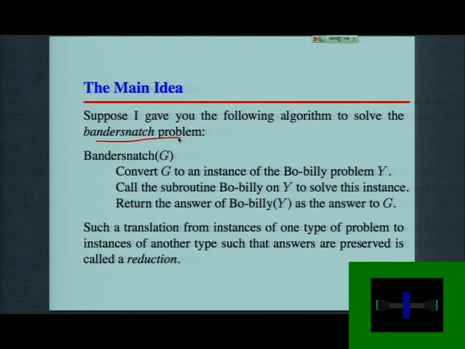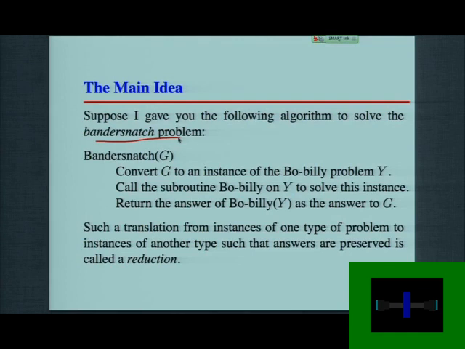If Bandersnatch is a decision problem, what are the possible answers to Bandersnatch on any possible instance? It could be yes or no, right? If Bobilli is a decision problem, what are the possible answers for Bobilli? Yes or no. Our goal is to find a translation where the answers are the same on any input, right?